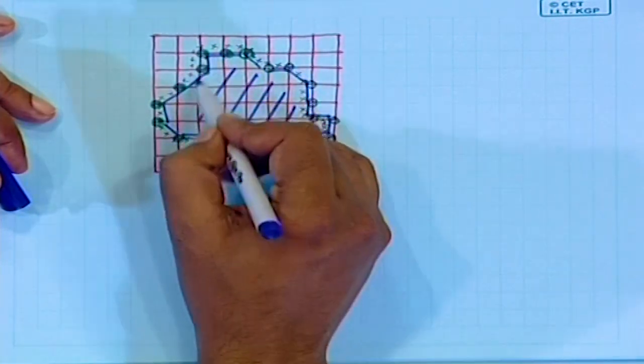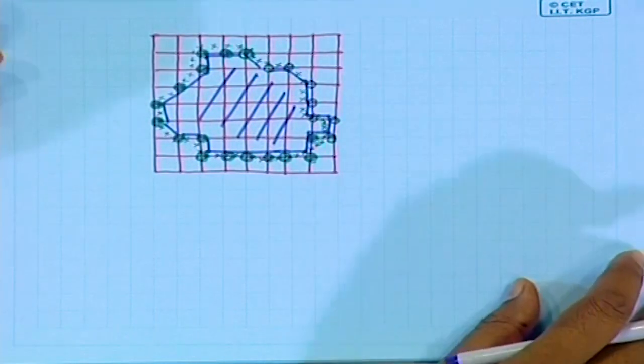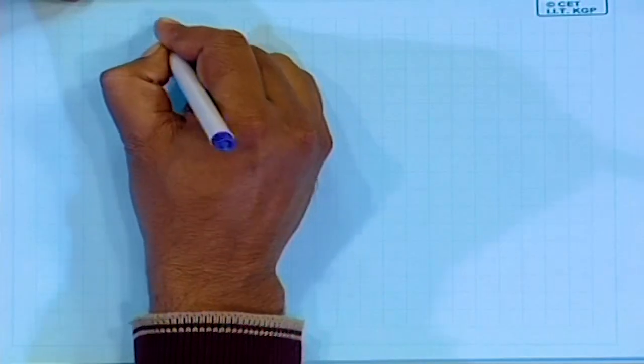I have used only the information of the boundary. So, this chain code can be used for recognition of objects, where the recognition will simply be based on the boundary information. Now, the other kind of descriptor that can be used for recognition purposes is based on polygonal approximation.